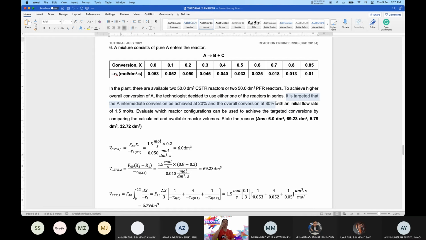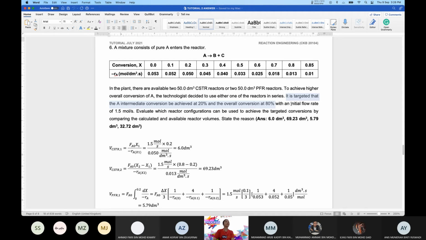So there is a condition: whether the first reactor is a CSTR or a PFR, its conversion must be 20%, and the second reactor conversion is 80%. So that is our boundaries. 20% for the first reactor means X1 from 0 to 0.2, and the second reactor must be from 0.2 to 0.8 regardless of which configuration you use.